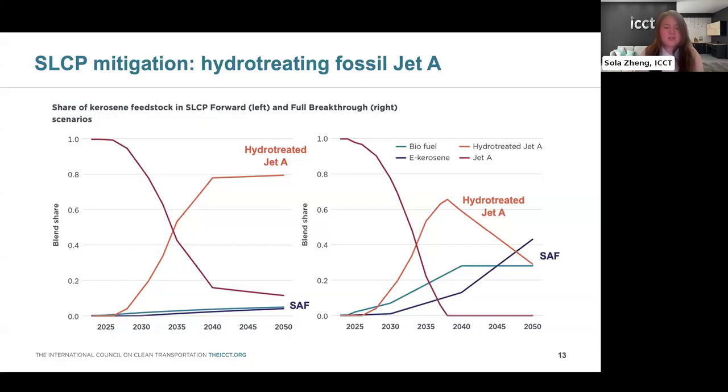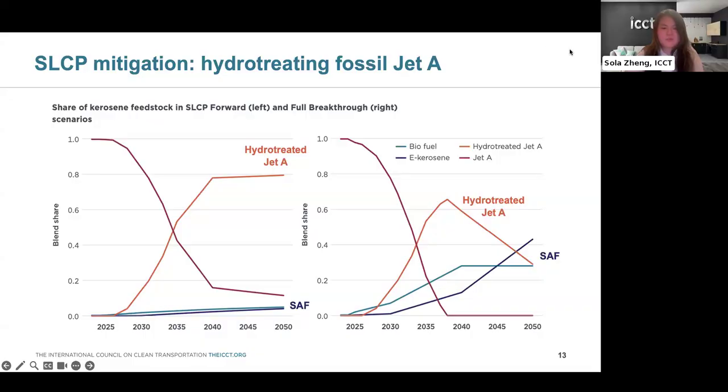The hydrotreatment really will peak at 80% of the global energy demand in the SLCP forward scenario because there is not a lot of SAF in the system, and that is assumed to be implemented in all of the flights departing from high income and the middle income countries, but not low income countries.